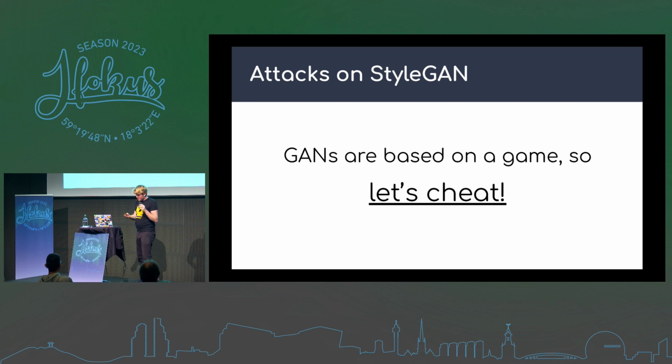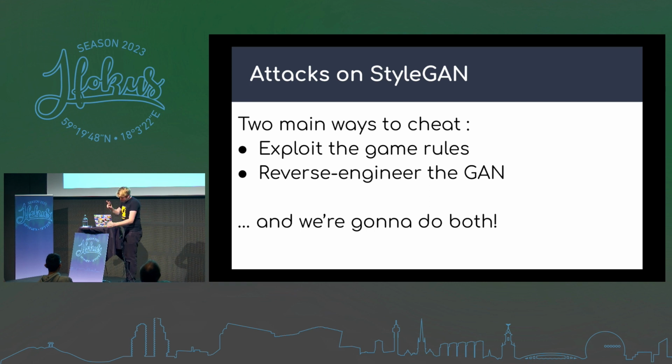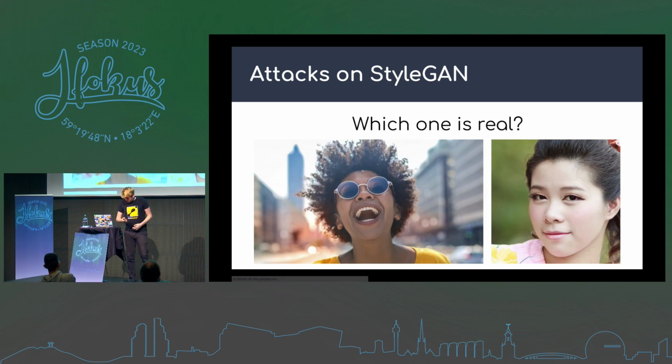But I said GANs are based on a game, so let's try to cheat. We have two ways to cheat in that game. Either we find a flaw in the rules of the game, or we can also find a flaw in the game entirely. And we're going to do both.